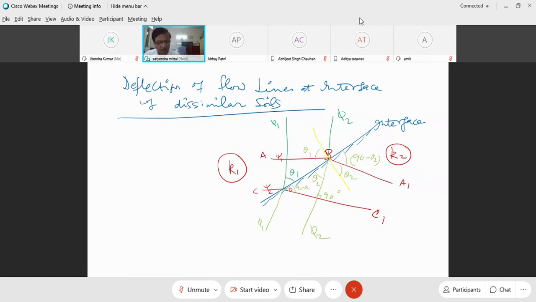Now we will simply use the trigonometry. So these parameters are already defined, and what will be the scenario of the Phi1, Phi2 and Psi1, Psi2. Now in one of the lectures I had told you that Terzaghi said that when the flow net is drawn, the discharge passing through each field delta Q shall be equal to the same delta Q in the next field.